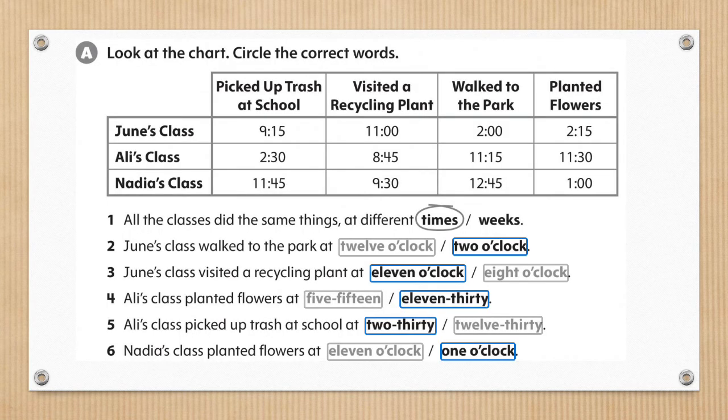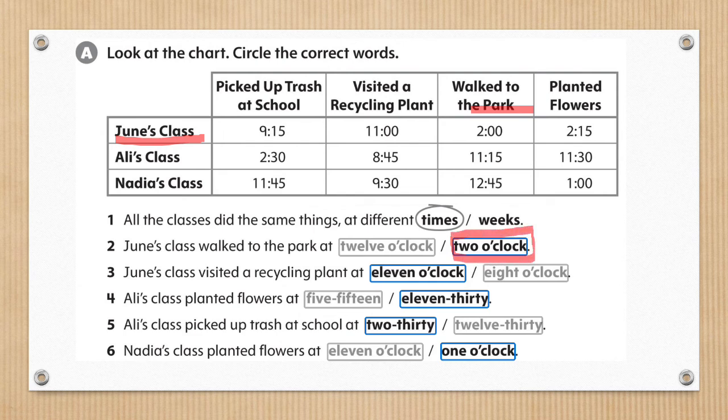The answers for activity A, finding the times from looking at the chart. Number 2, June's class walked to the park at, draw a line at 2 o'clock. Okay.